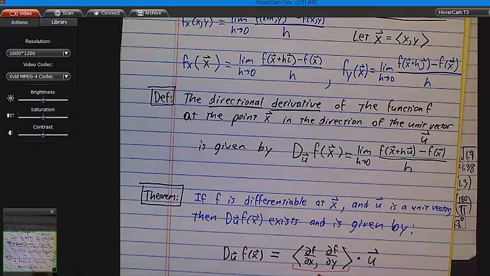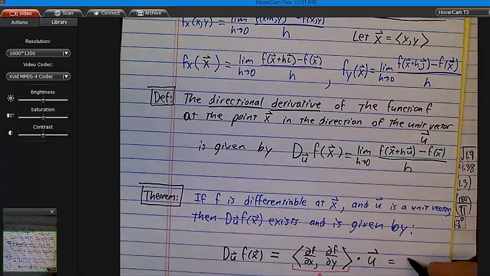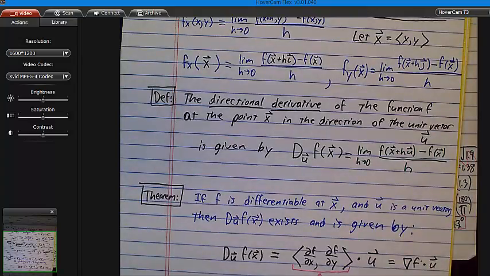This vector is called the gradient vector. And so another way to say it, you'll see this written: grad f dot u. Okay, you'll see it written this way, sometimes with an x here.